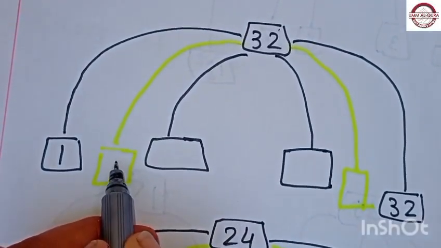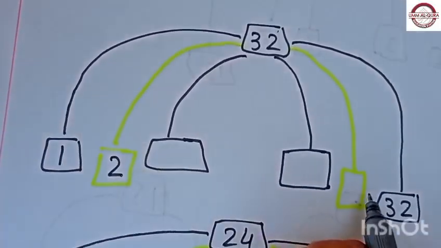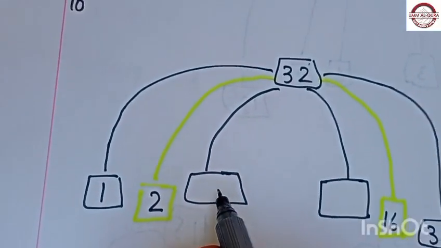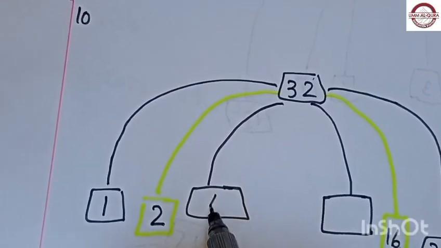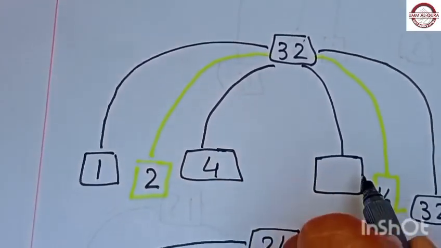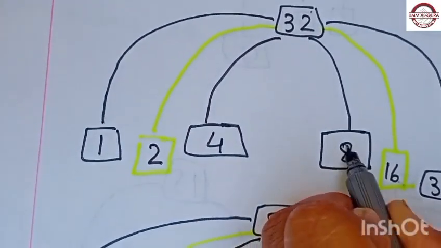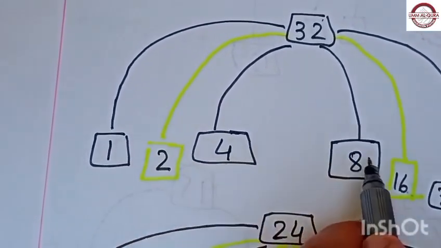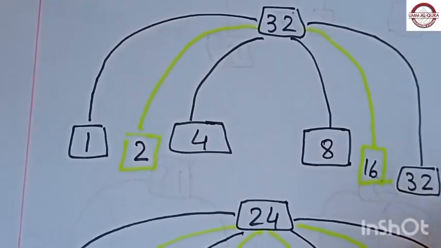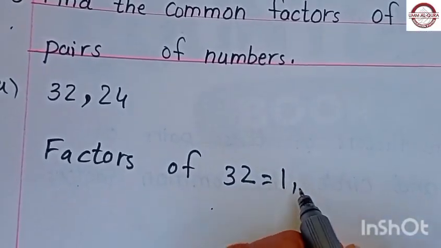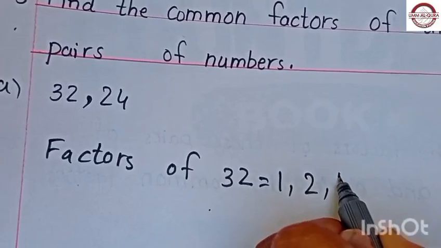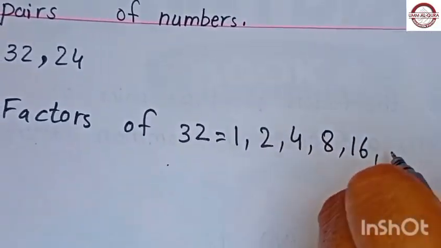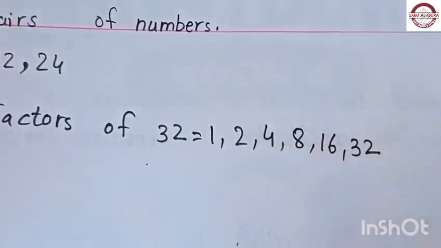Next, when we divide 32 by 2, our answer is 16. Now, when we divide 32 by 4, our answer is 8. 4 8s are 32. Now, these are the factors of 32: 1, 2, 4, 8, 16, and 32.